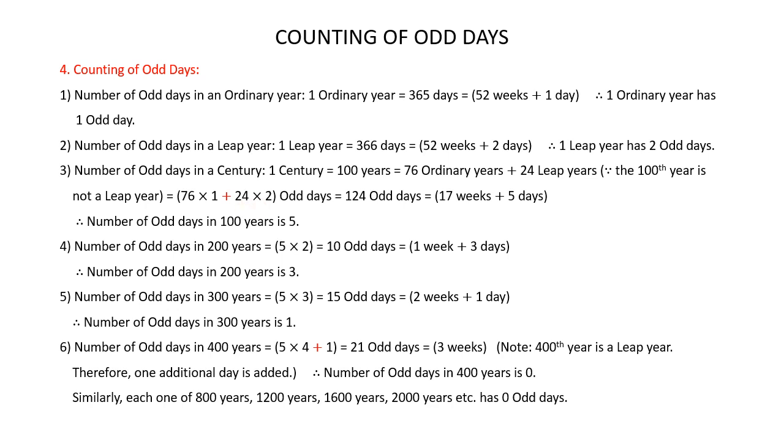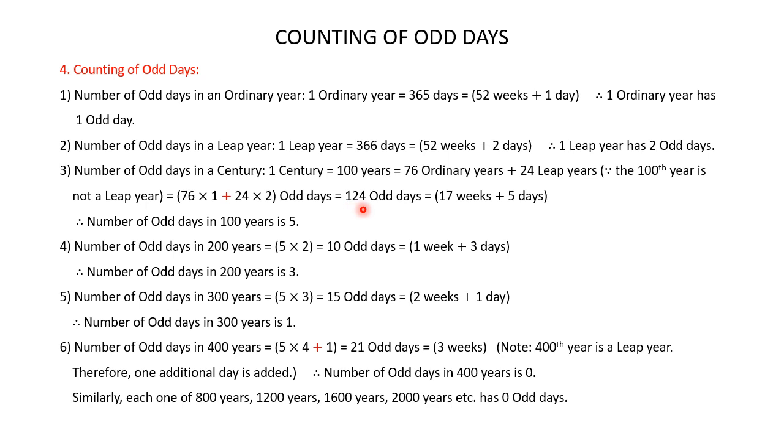So we have 76 multiplied by 1 plus 24 multiplied by 2 odd days in 100 years. Now when you add these, you get 124 odd days. But the number of odd days has to be less than 7. So divide 124 by 7.